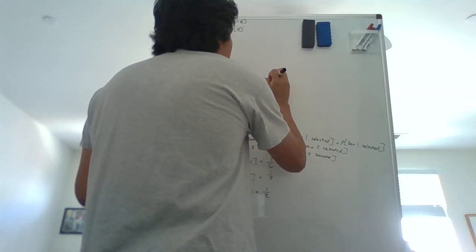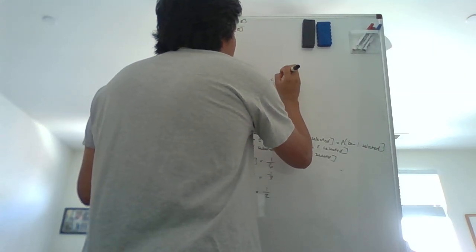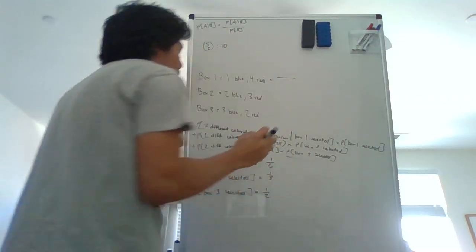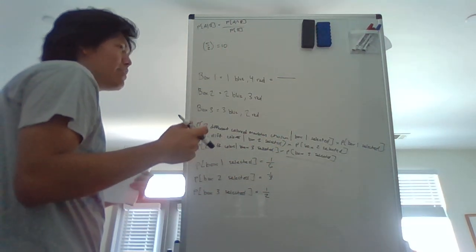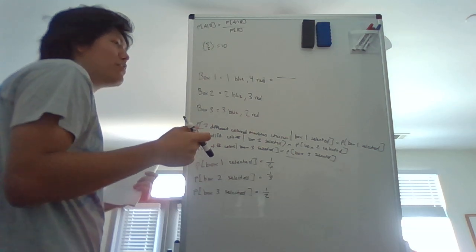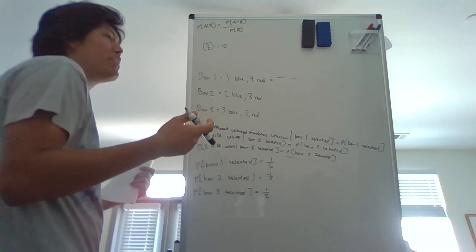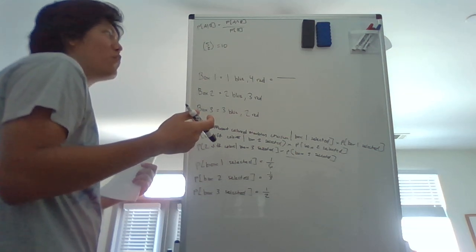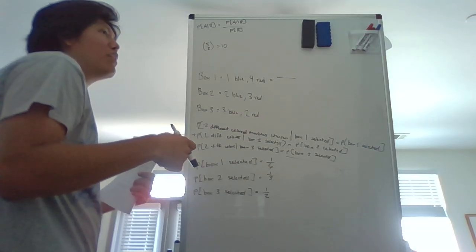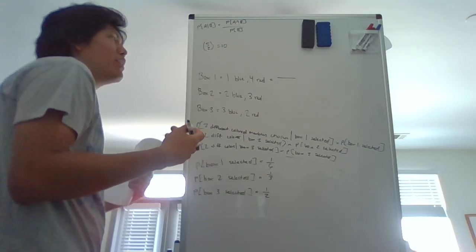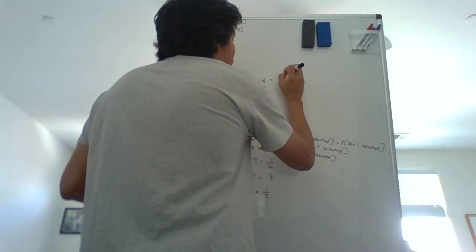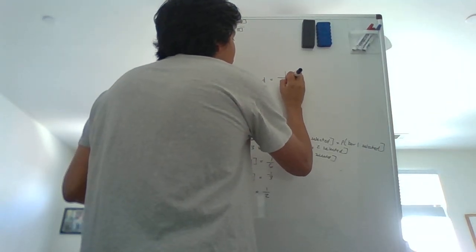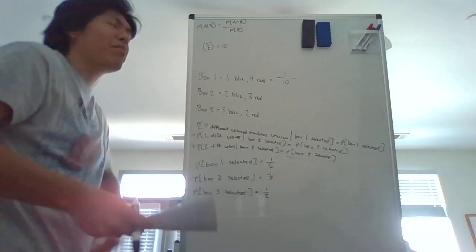Alright. So, yeah, if we're trying to get a different color now, if we're trying to solve for how many ways we can get one red or 1 blue, that would just be 1 over 10, right?